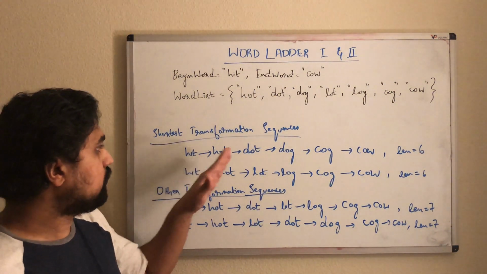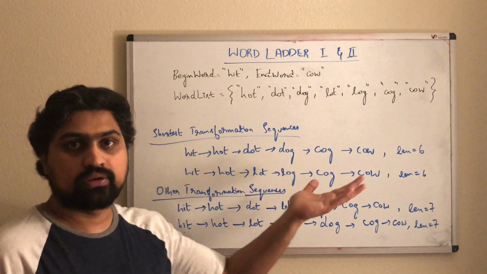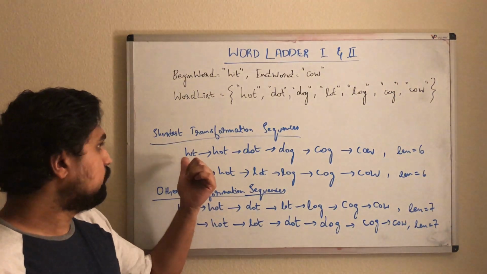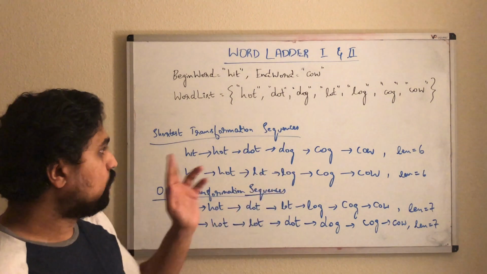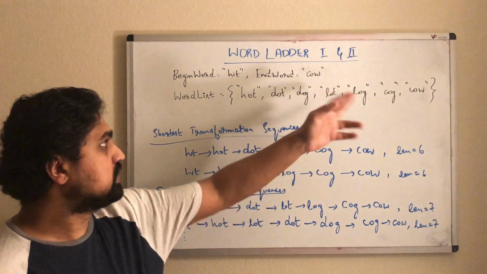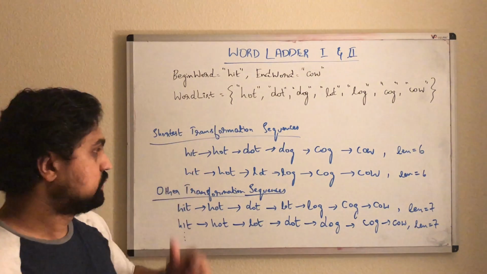So hit to hot, hot to dot, dot to dog, dog to cog, and cog to cow is a transformation sequence from the begin word to the end word. So begin word is hit and the end word is cow. And all of these transformed words are part of this word list dictionary, excluding the begin word, of course.